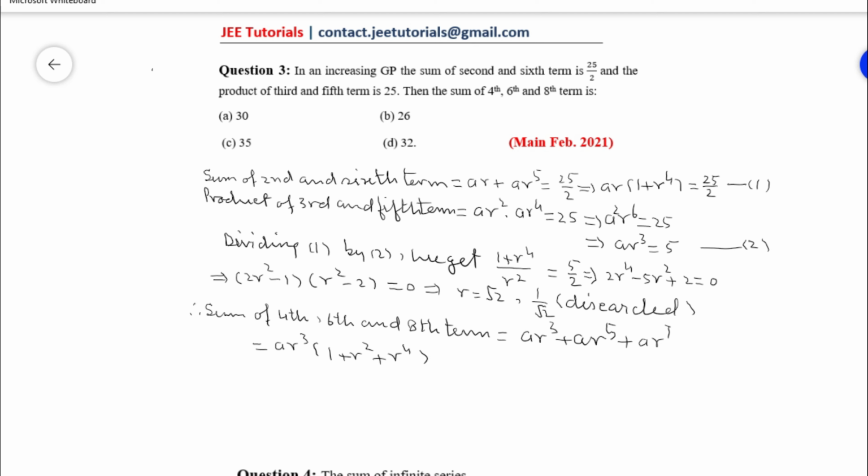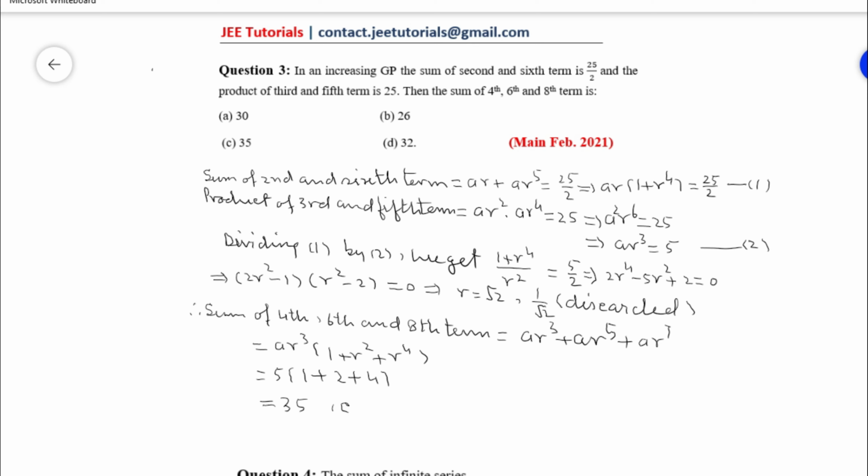AR cube equal to 5, so from equation 2, this equal to 5 into 1 plus r square, r equal to root 2, r square will be equal to 2 plus r to the power 4 will be equal to 4. 4 plus 2, 6, 7, 7 into 5, this equal to 35.